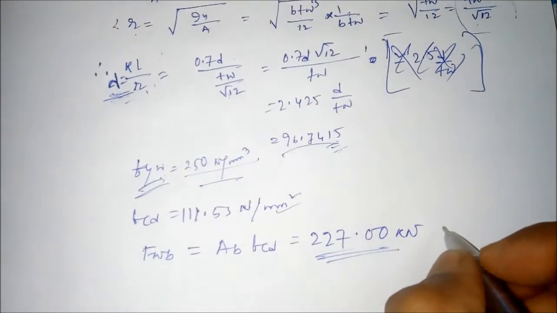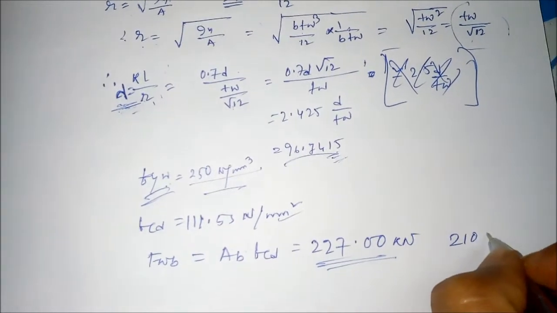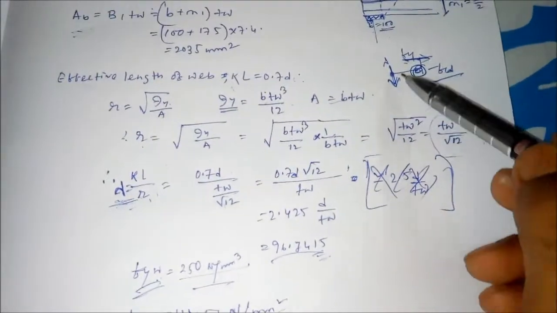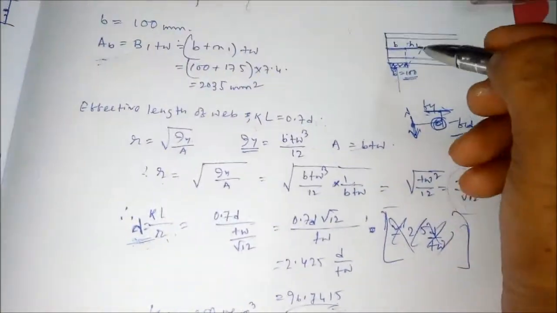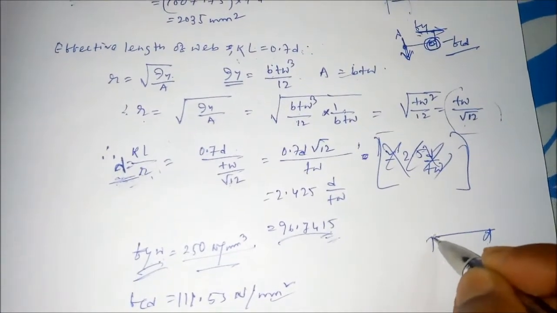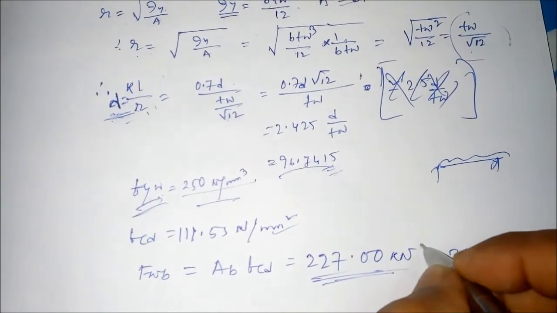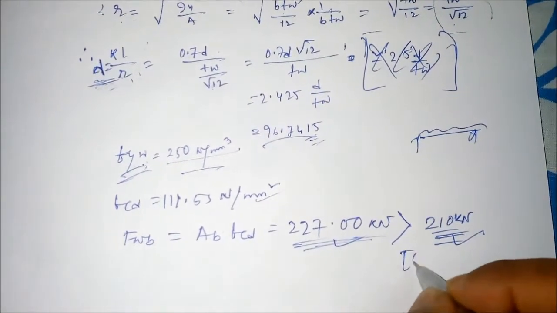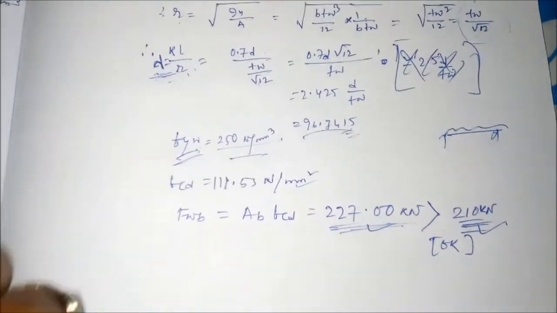What is the force which is acting? 210 kilonewton, the maximum shear force, which will obviously be over this support, because this is a simply supported beam having UDL, so maximum shear force will be there. We can see that this strength is greater than the acting force, so it is okay with respect to web buckling.